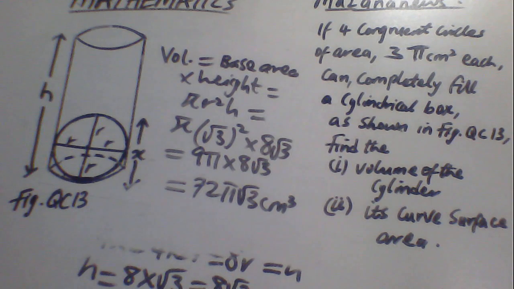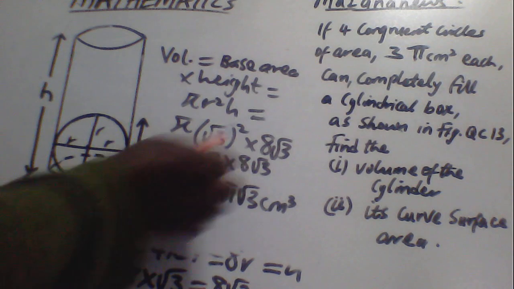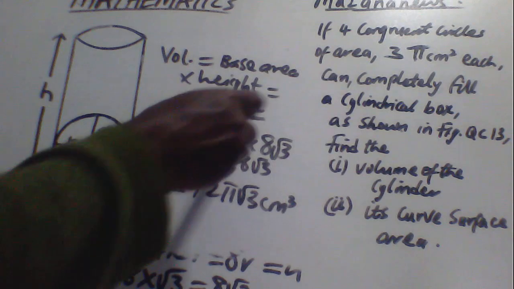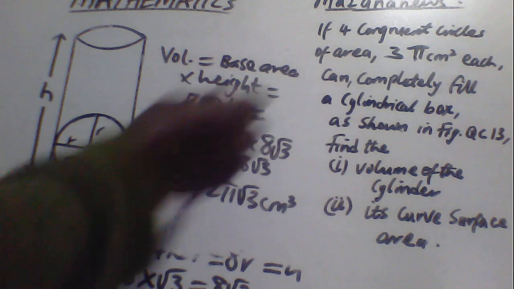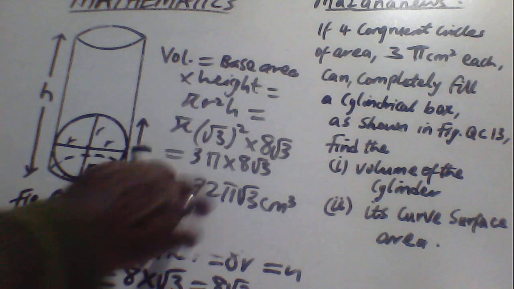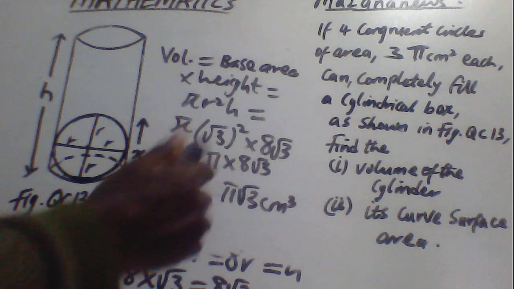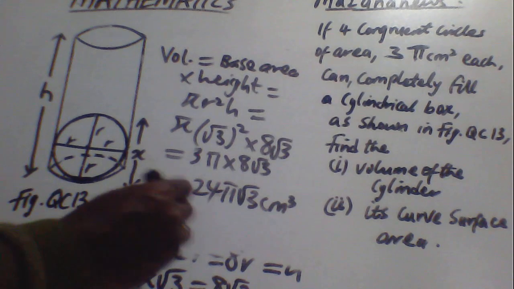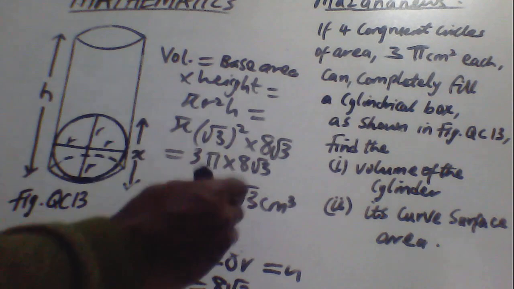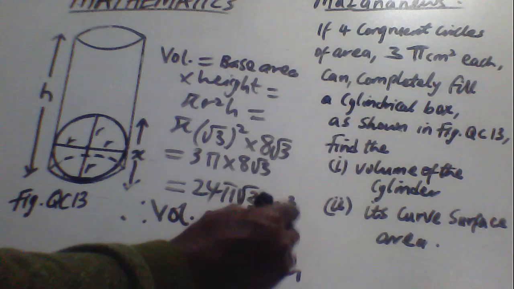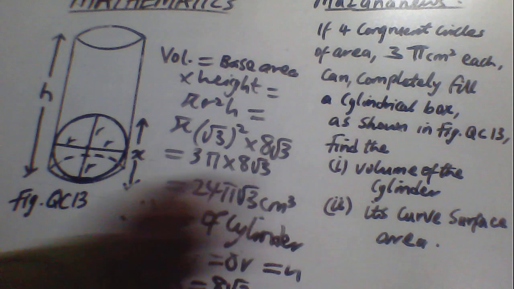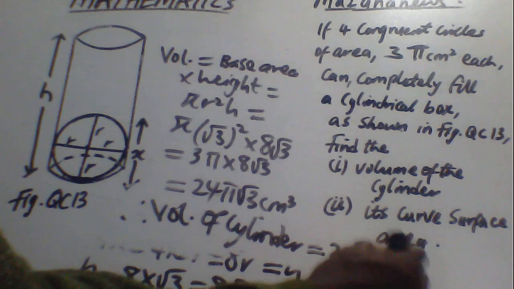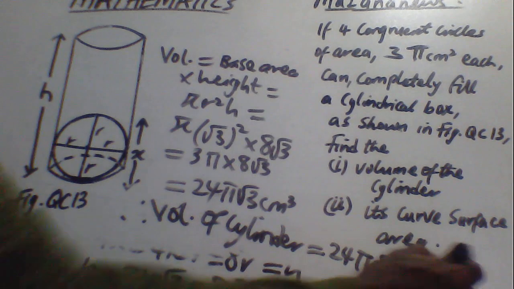Sorry, the square root of 3 squared is 3. So we have 3 times 8, which gives us 24. Therefore, the volume of the cylinder is equal to 24 pi root 3 cm cubed.